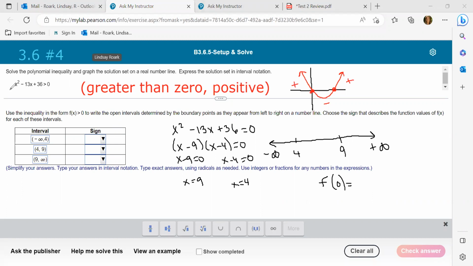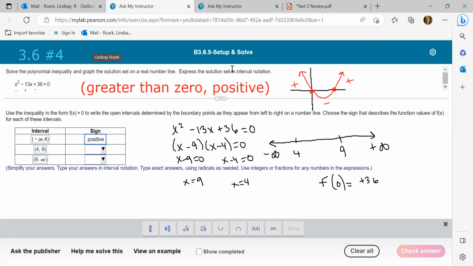If we plug 0 into this original inequality where it's greater than 0, the 0 minus 0 plus 36 is a positive 36, which is positive, right? So I'm going to go to the sign option for that interval and change the sign to positive.